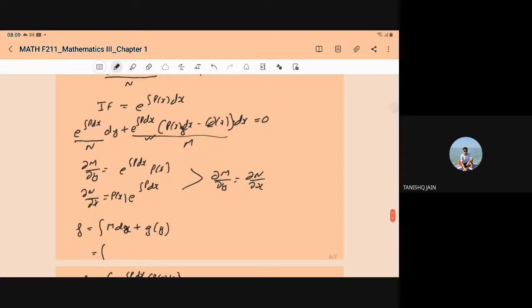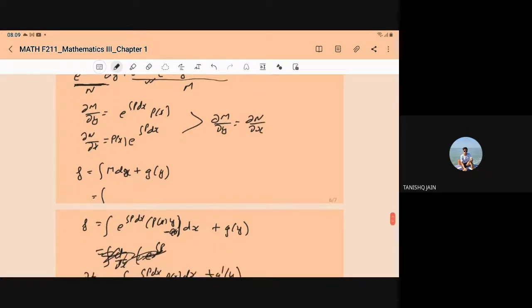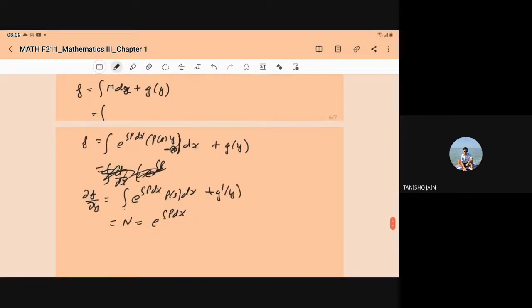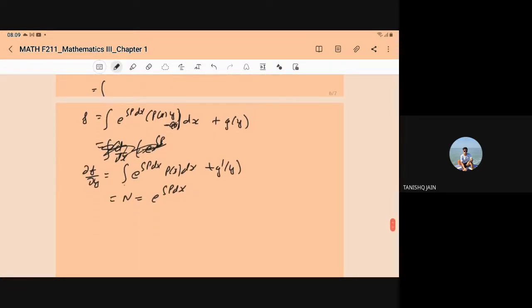So we have integral of N into dx. No, not integral of N dx. Just I am saying that del f by del y is equal to N, and okay, N is equal to this.